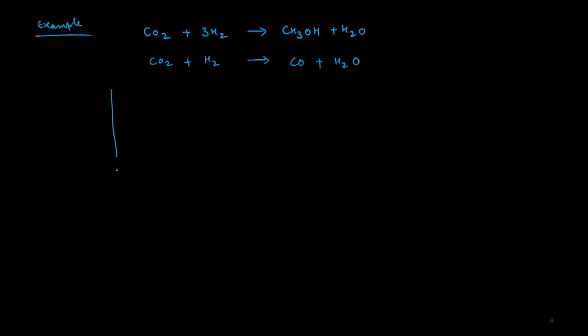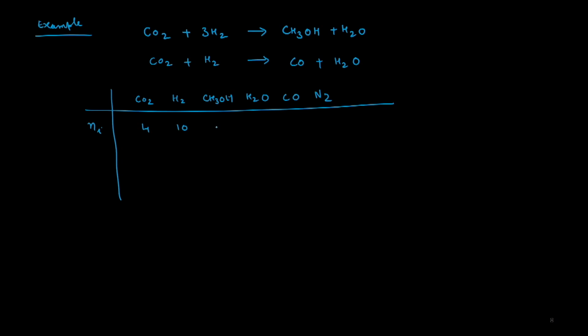And let's again write what is given. CO2, H2, CH3OH, H2O, CO, and then an inert N2 is also present in the reaction. The initial number of moles for each of these species, Ni, is 4 for CO2, 10 moles of hydrogen, 0 moles of methanol, 1 mole of water, 1 mole of CO, and 5 moles of N2.